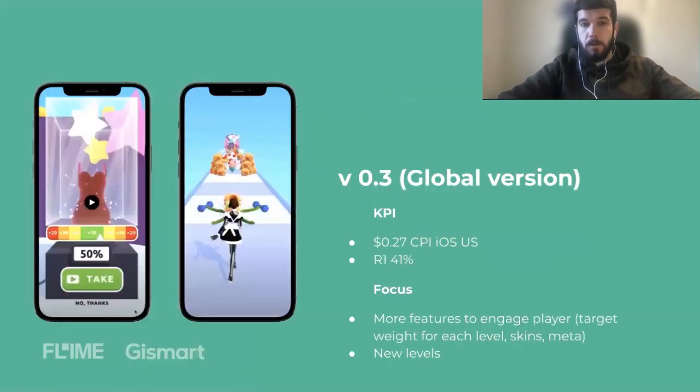The third version was the global version. We added more features to engage players and increase retention, added more levels and more content, and achieved 41% first day retention. It was the version for global release.